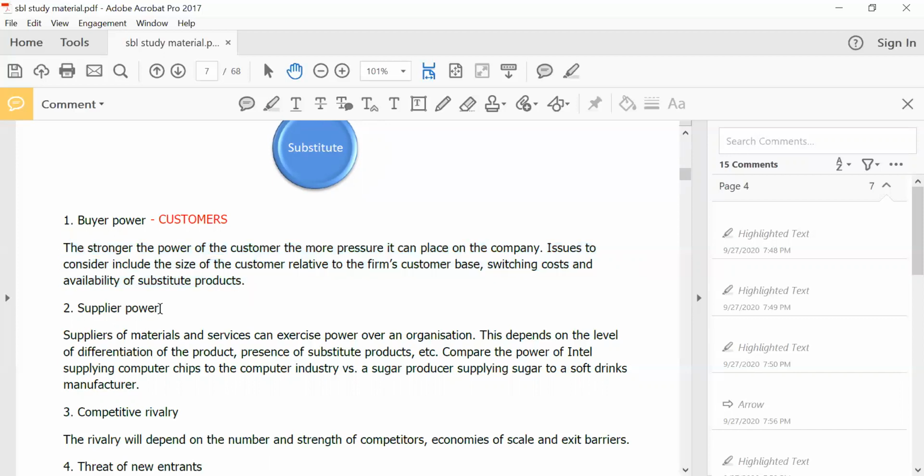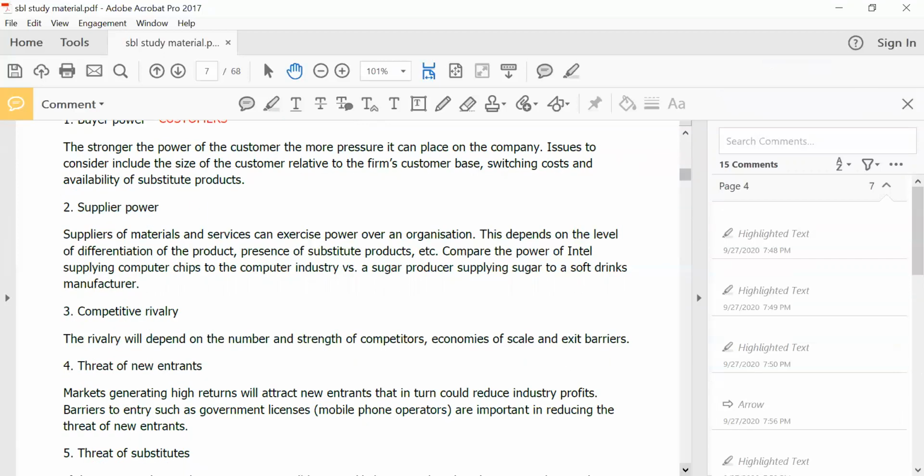The next one is supplier power. Threats coming from suppliers. If a supplier turns out to be the only supplier and decides not to supply you the raw materials anymore, you are being affected. So suppliers of materials and services can exercise power over an organization.